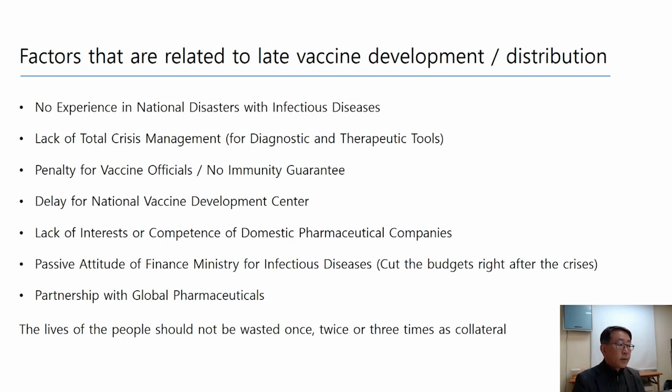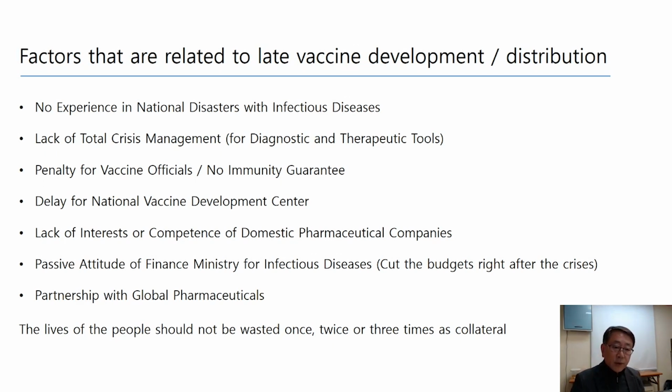And the sixth factor is the passive attitude of the finance ministry toward infectious disease. They control all the government money, and they are well known for cutting the budget right after the crisis, including MERS and SARS.